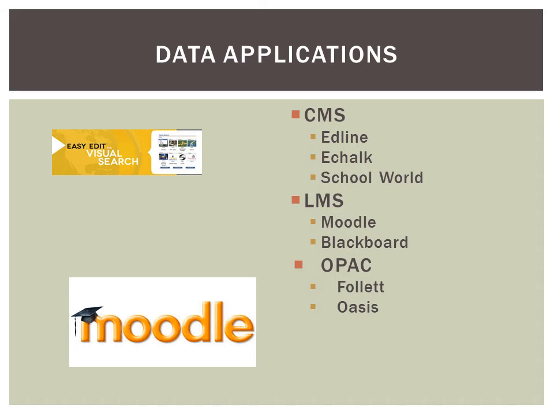The OPAC is the online catalog for school libraries, and the two big vendors in the area are Follett and Oasis, and those allow students to access their school libraries from home, from school, from tablets, laptops, smartphones, to search and reserve items from the collection.